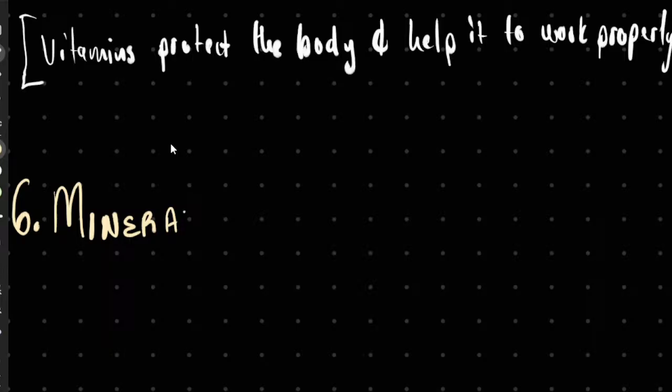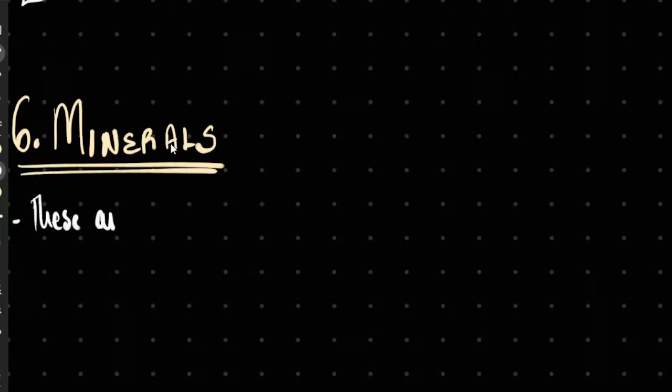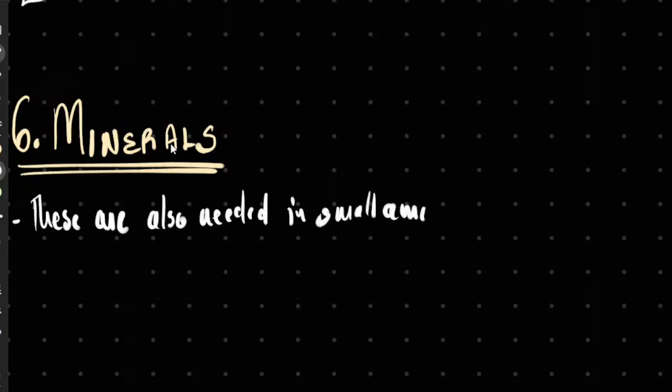Minerals. Do you see how it is very important to have a balanced diet? Do you see how hard it is? Are you seeing? Good. Minerals. These are also needed, just like vitamins, in small amounts. These are needed in small amounts to keep the body healthy.